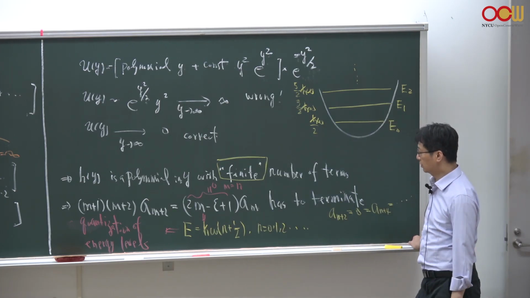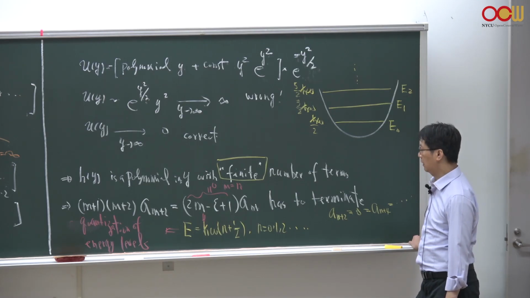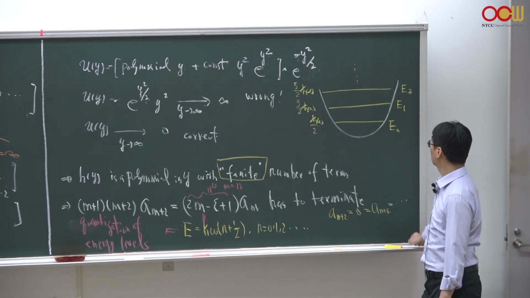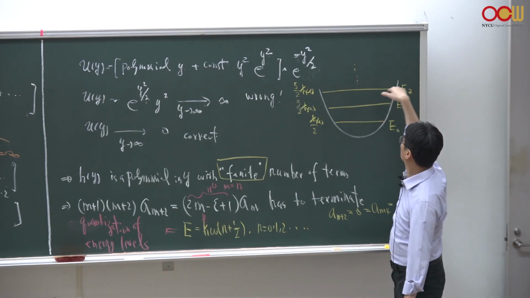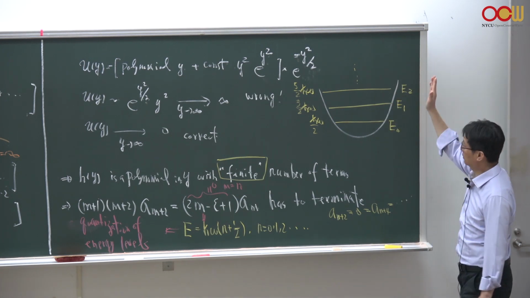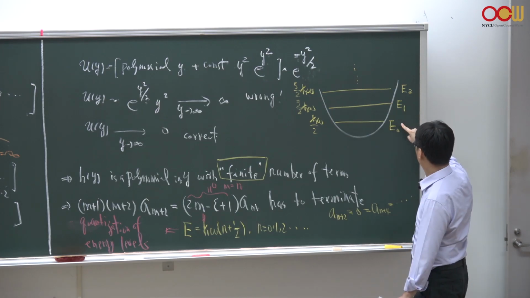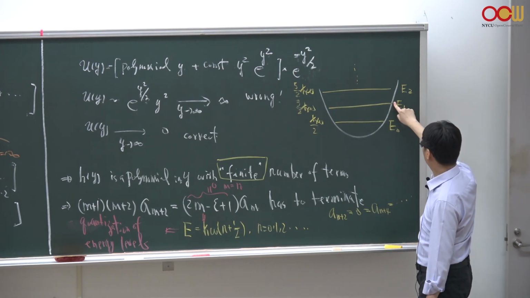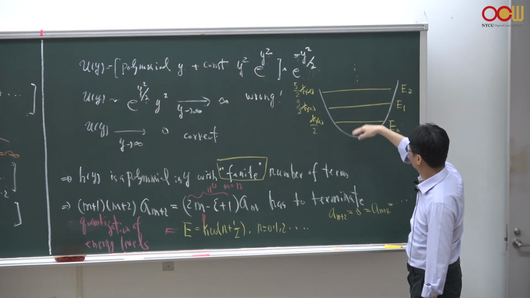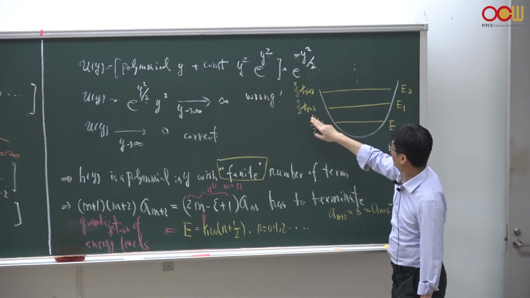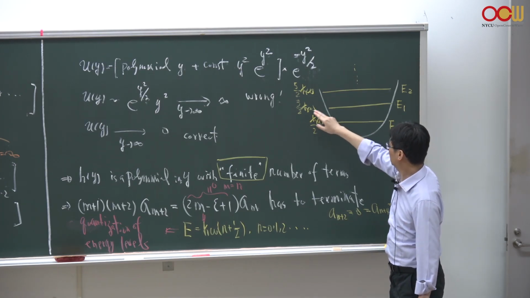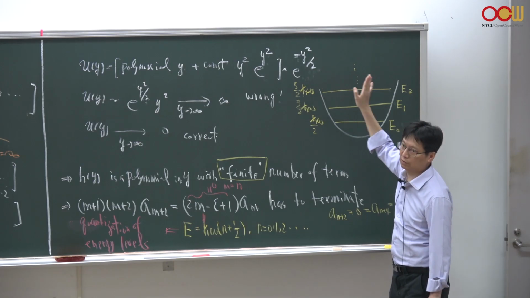And these are precisely eigenenergies. So eigenenergies, if you plot it here inside this potential well, you will see that this is the energy level for the ground state, and this is the first excited state and the second excited state. So the ground state energy is 1/2 h bar omega, the first excited state is 3/2 and 5/2 and so on and so forth.